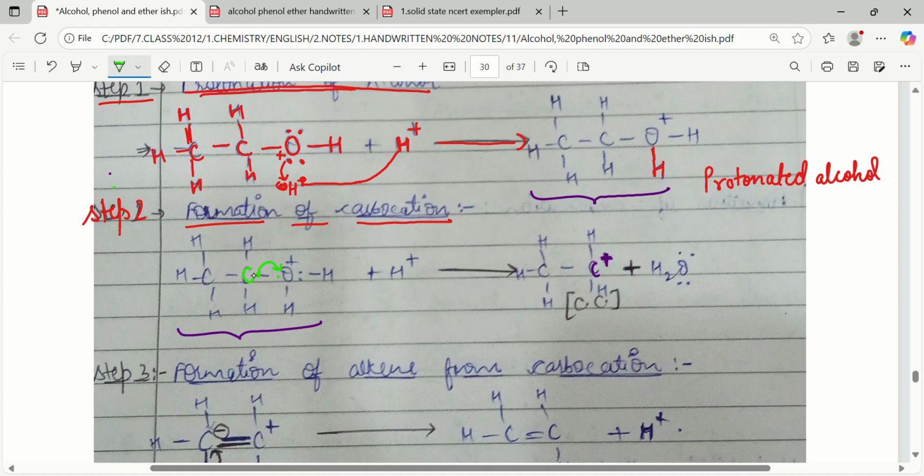When oxygen gets that one electron, it will get a negative charge; negative and positive cancel out, and actually one electron was of oxygen only, right? Yes, sir. When one electron is donated by this carbon, it will have one positive charge.